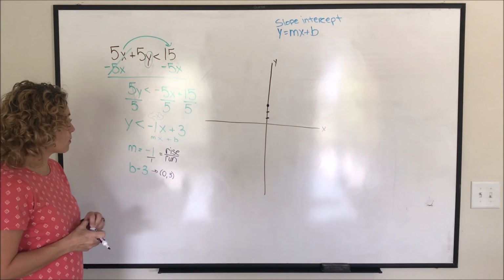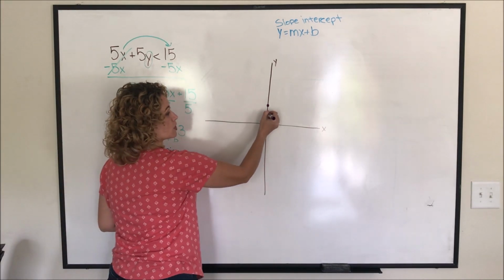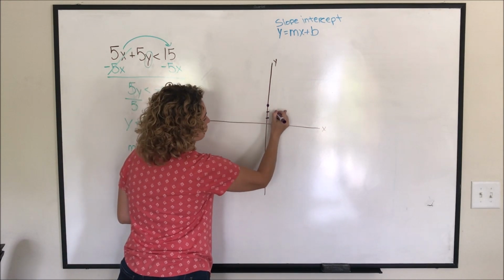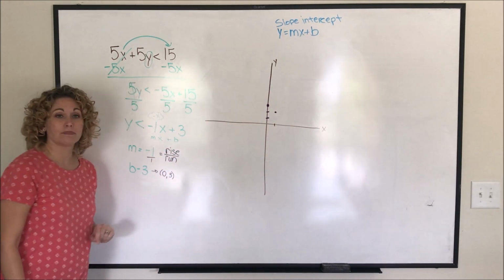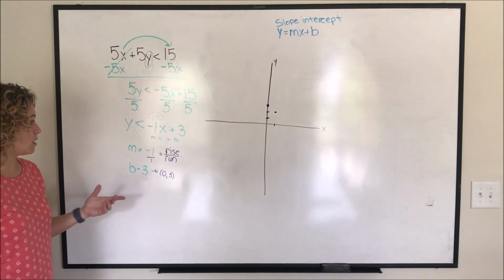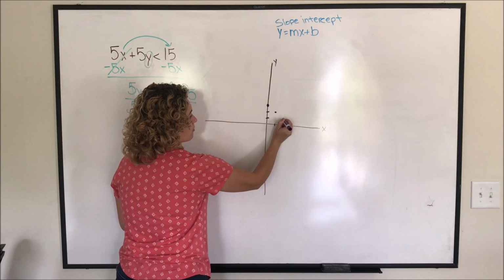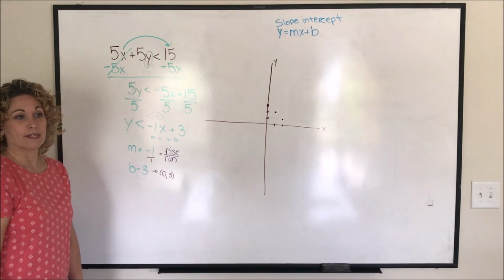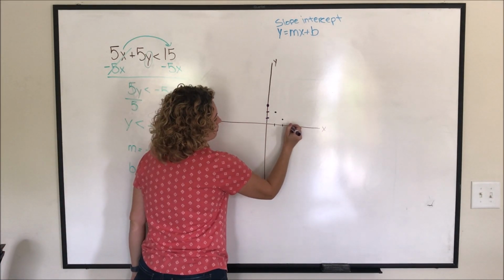Okay, so from this point, I'm going to rise negative 1, which is down, and I'm going to run positive 1, which is over 1. My next point, again, I'm going to rise negative 1 and run positive 1. One more just for the road, rise negative 1, run positive 1, and it puts me right back on there.